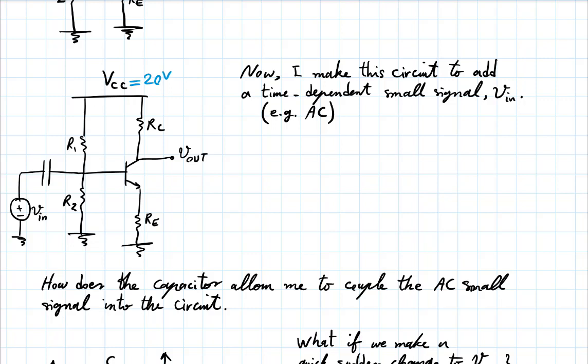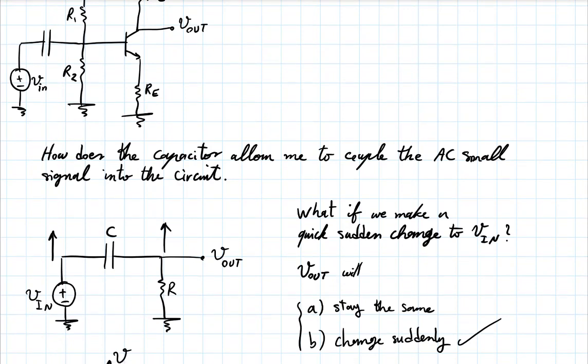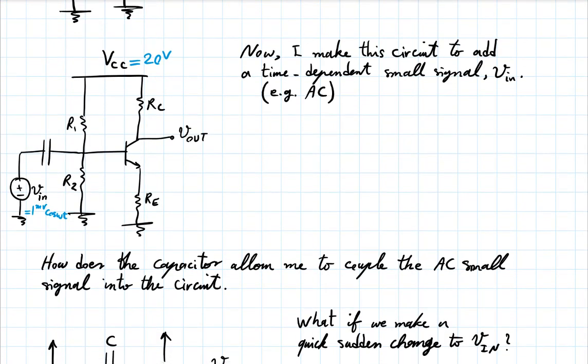And imagine that this V in is some very small sinusoidal 1 millivolt changing with time. Let's say 1 millivolt cosine of omega t. Okay? That's a small time varying 1 millivolt signal. All right? Now, if instead of this, if I do this, the voltage at this node is basically 1 millivolt around 0, right?